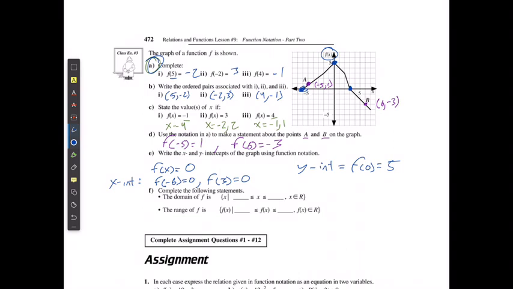If I'm listing the domain and the range of this, we're going to use the whole numbers that we can see. So I'm going to say, well, what is the lowest point for x? The lowest point for x is going to be -6. What is the highest point that x reaches? 7. So the domain is -6 is less than or equal to x, which is less than or equal to +7.